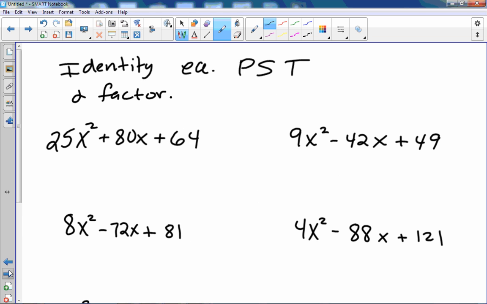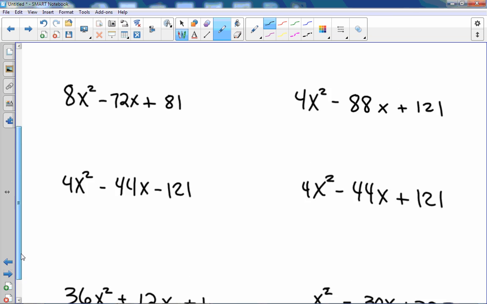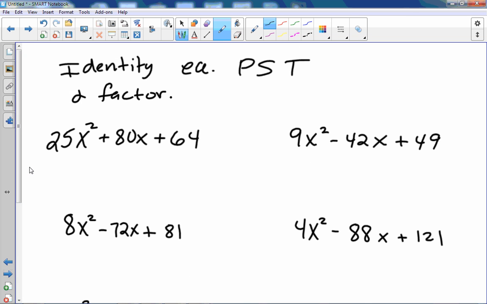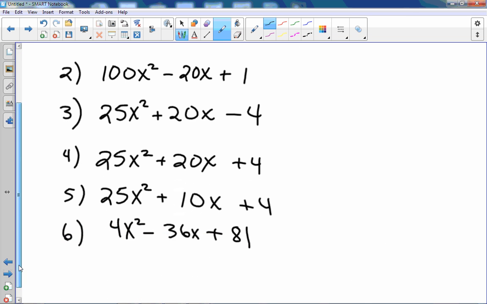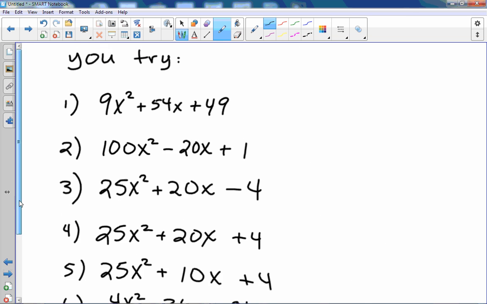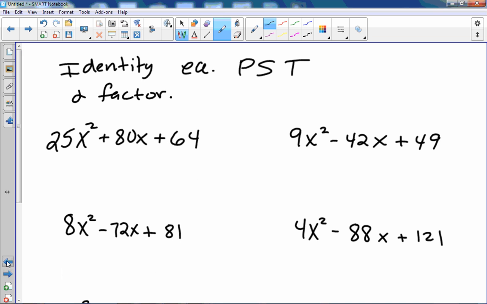All right, so we're going to identify each perfect square trinomial and factor. In a minute, I'm going to do several examples with you. Then you're going to do the same thing with the 6 little practice problems right there. First we're going to identify if it's a perfect square trinomial, and if it is, we're going to factor it.